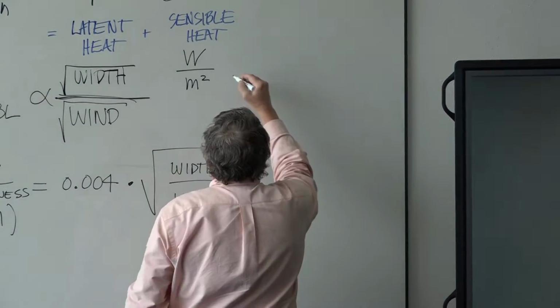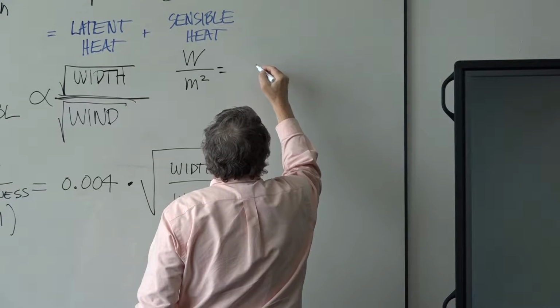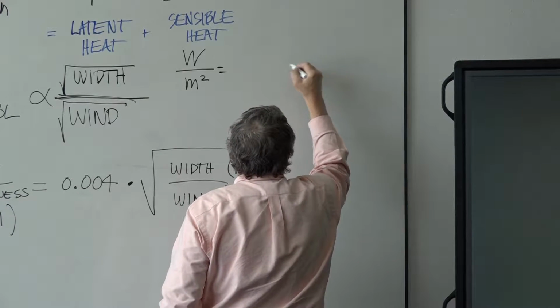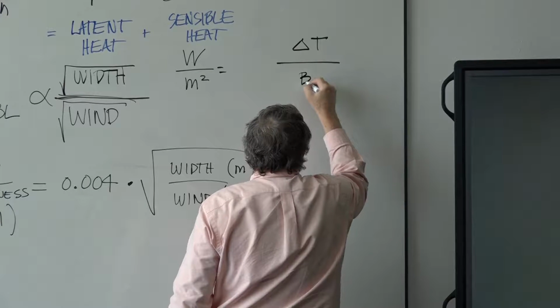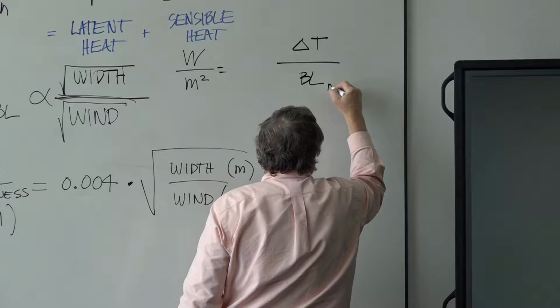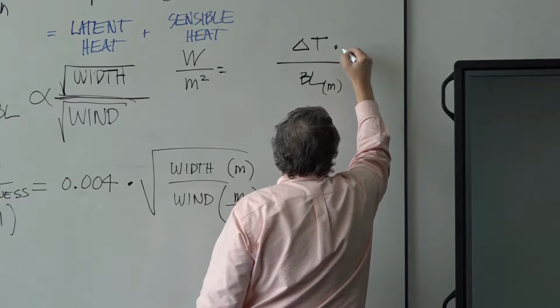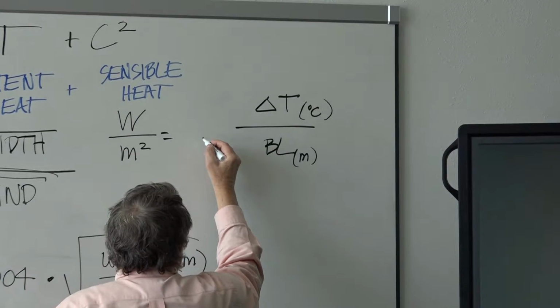We get delta T over boundary layer thickness in meters, delta T in degrees Kelvin or degrees C, it doesn't matter, it's the same number.